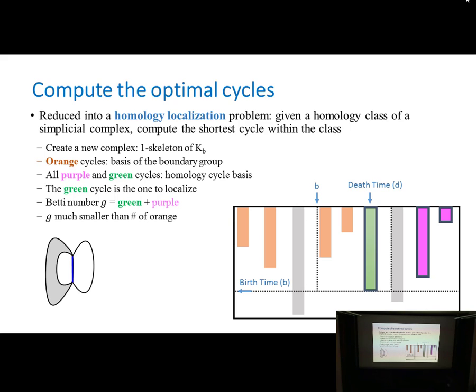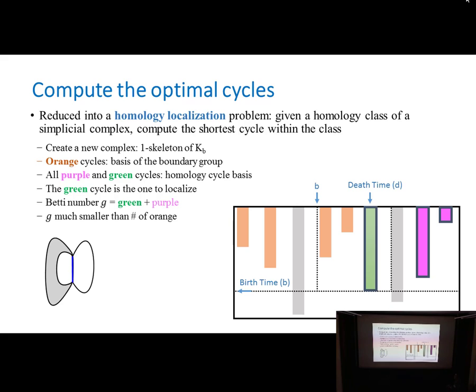If I look at the persistence diagram, and if this is my green dot, all the purple ones will fall exactly into this upper left quadrant. They all have a bigger persistence than the green one, right? I can assume reasonably that my threshold is good enough that the ones above a certain threshold are reasonably finite. And later on, I will show you that's actually still too big of an assumption in practice.